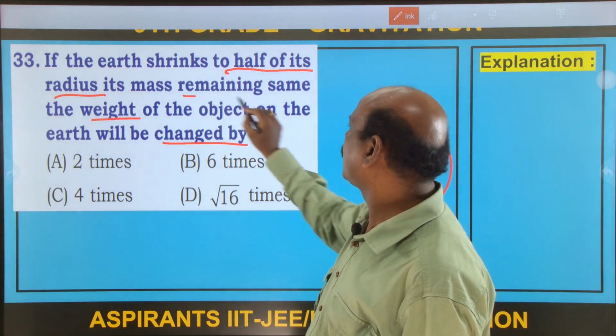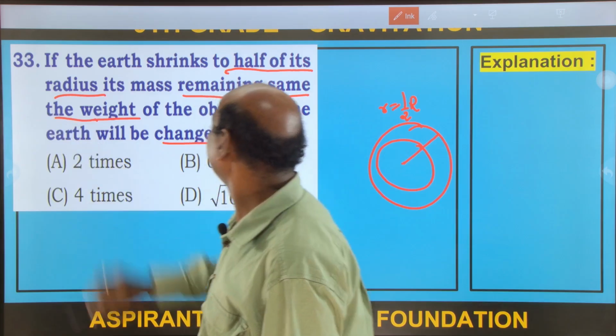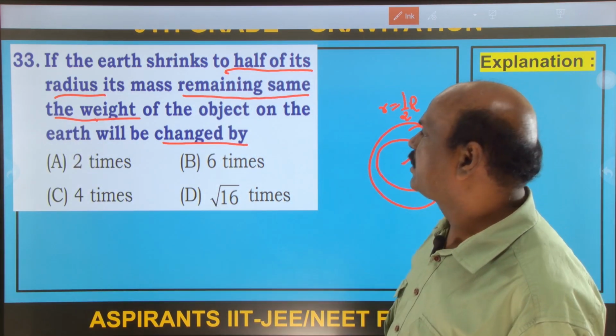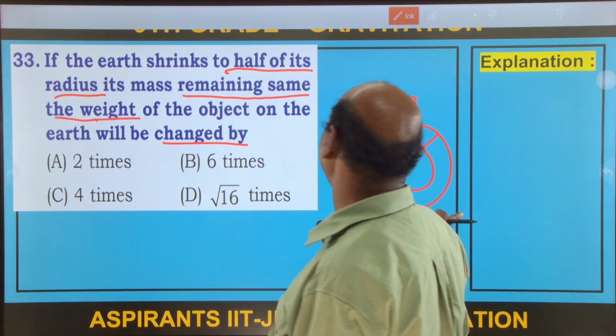And remember, the mass is the same. So what is going to change? Let us see.